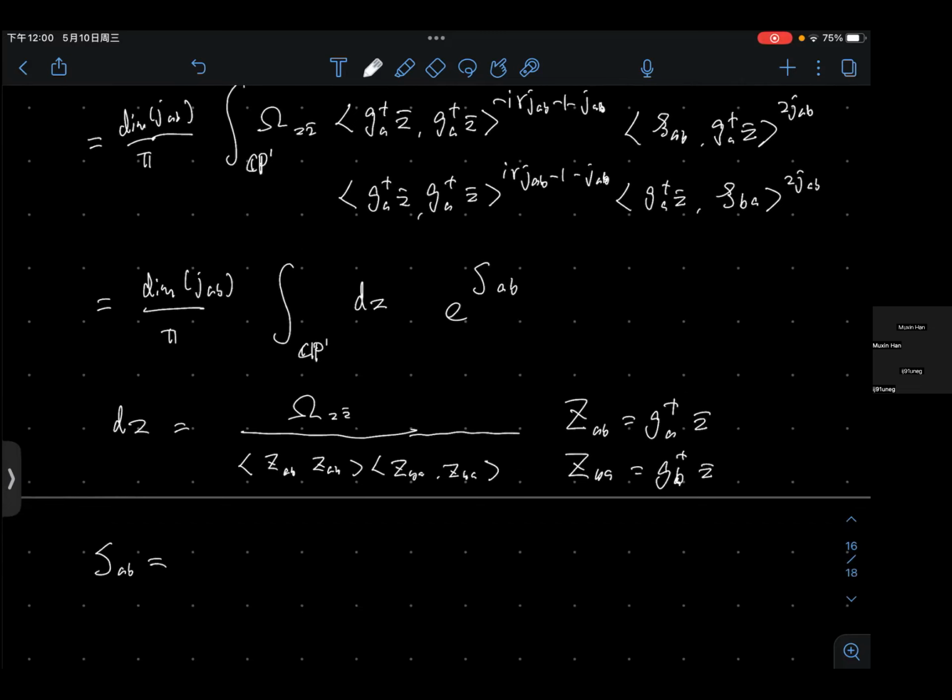This action is just given by 2 JAB logarithmic.